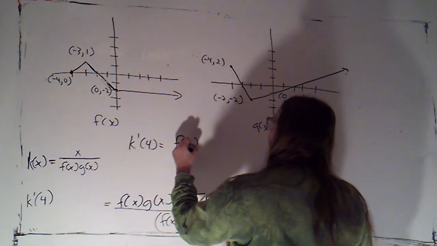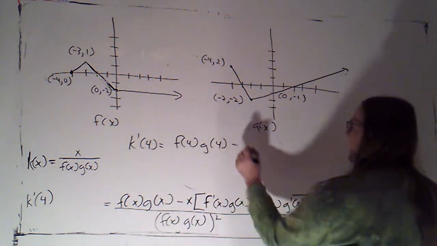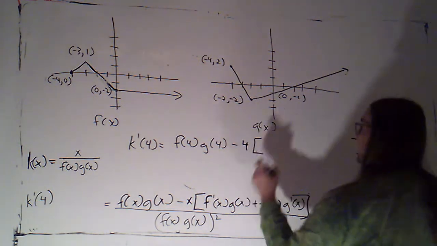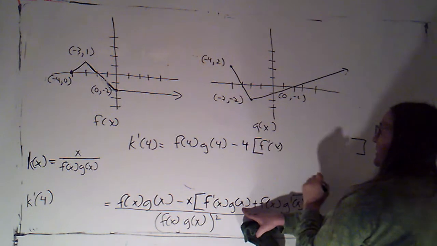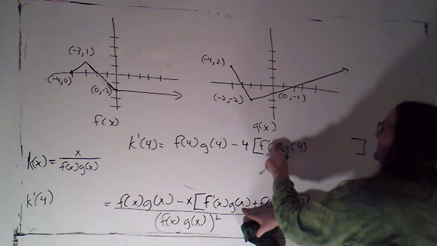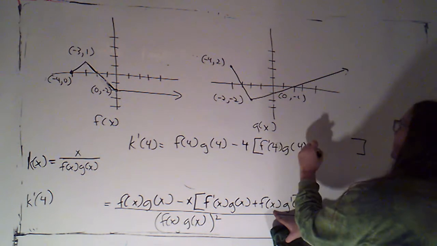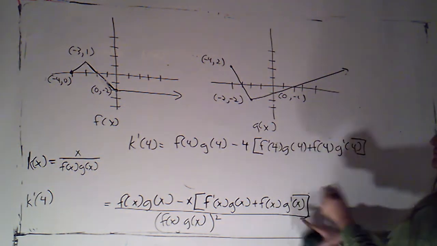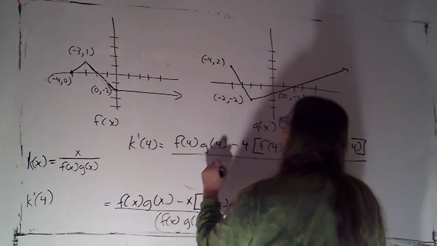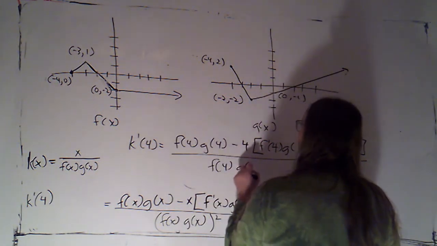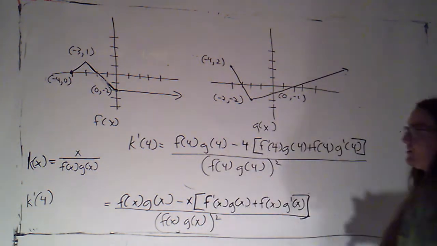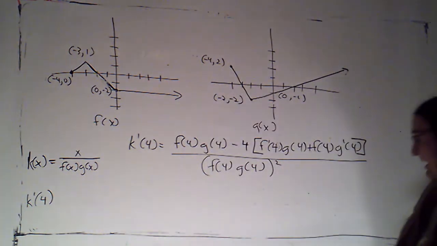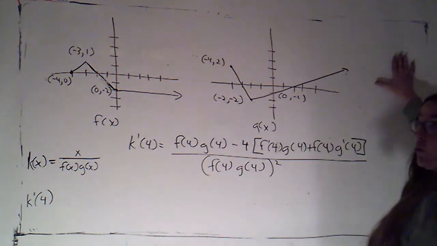So f of 4 times g of 4 minus x becomes 4, and that's times the quantity f prime of 4 times g of 4, plus f of 4 times g prime of 4, all over f of 4 times g of 4 quantity squared. Okay, so now I'm going to be looking some things up from the graph, and as I look them up, I'm just going to record them over here.